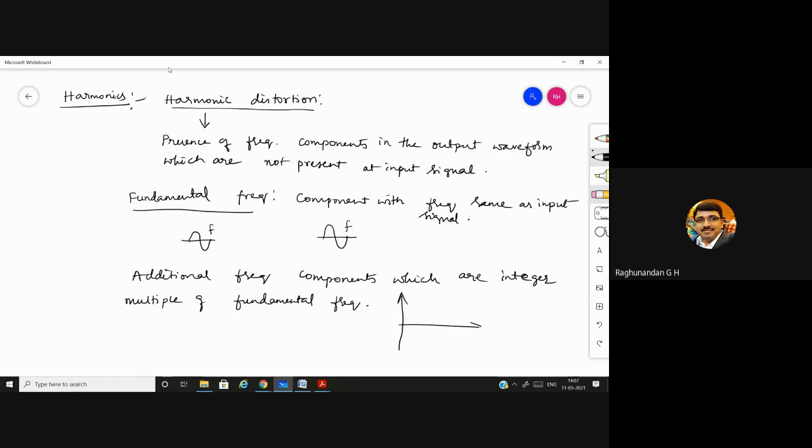If you take this as your output, you are getting this signal.